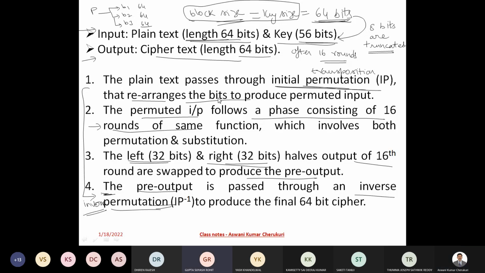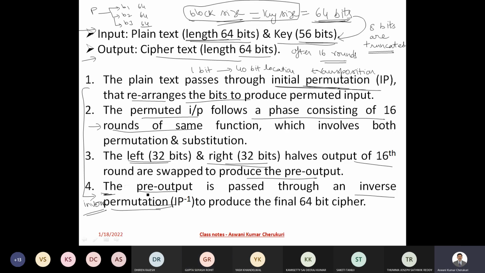Sir, can you explain this inverse permutation once? Yes. What we have done in the first step is the permutation, which means we just altered the positions of the bits. We rearranged the bits. One typical example is that the first bit has gone to the 40th bit location, and we have done the processing.